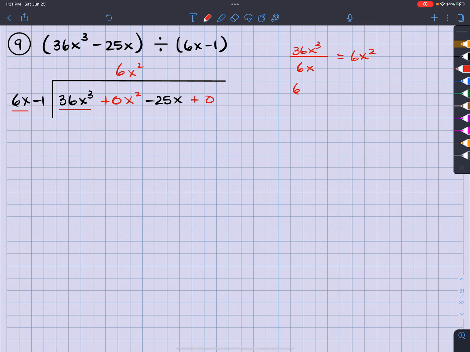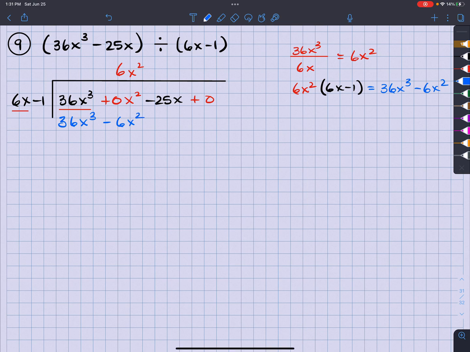Then I'm going to multiply it by the 6x minus 1, and I'm going to get 36x to the third minus 6x squared, because I have to distribute that. So I'm taking that blue ink and bringing it over here: 36x to the third minus 6x squared.